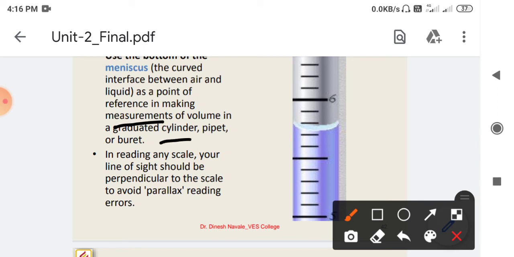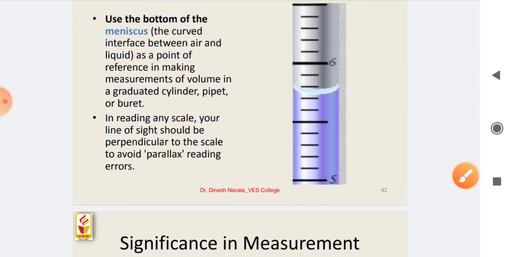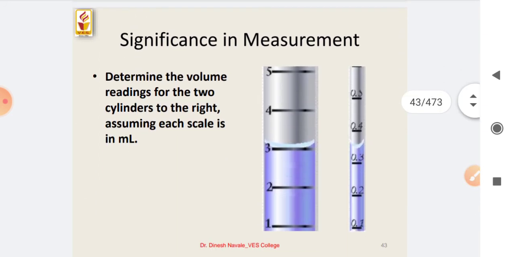In reading any scale, your line of sight should be perpendicular to the scale, so as to avoid the parallax effect. The scale and your eyesight should be perpendicular to each other so that the exact measurement can be made.